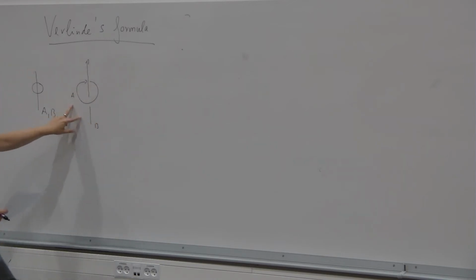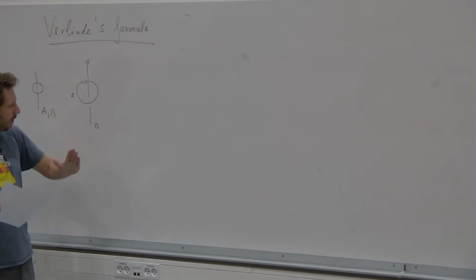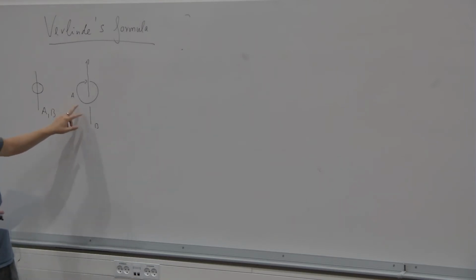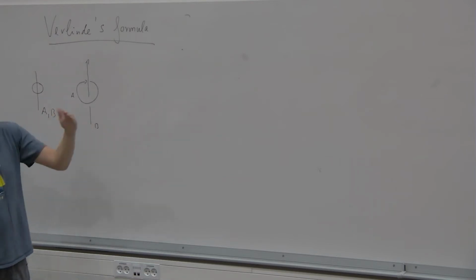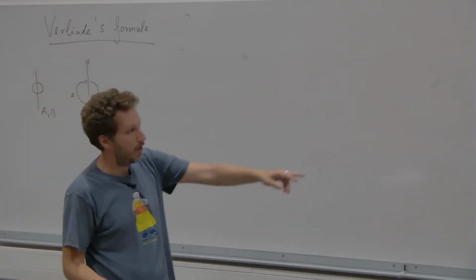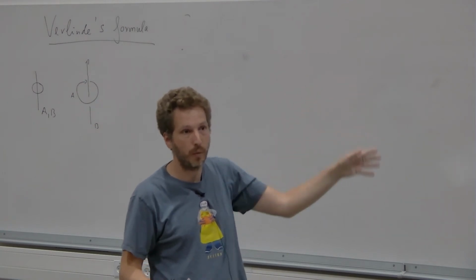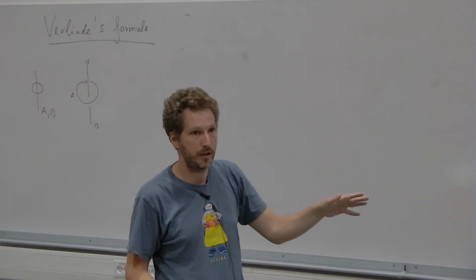You take A and B, and you braid them twice, and that gives you a morphism from A times B to A times B. But now you don't close it completely, like in the Hopf link, but you only close it on A. You only take the partial trace.